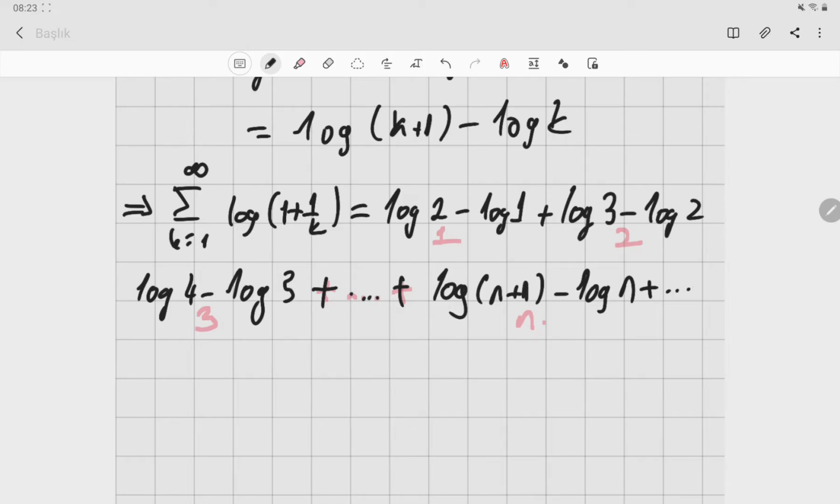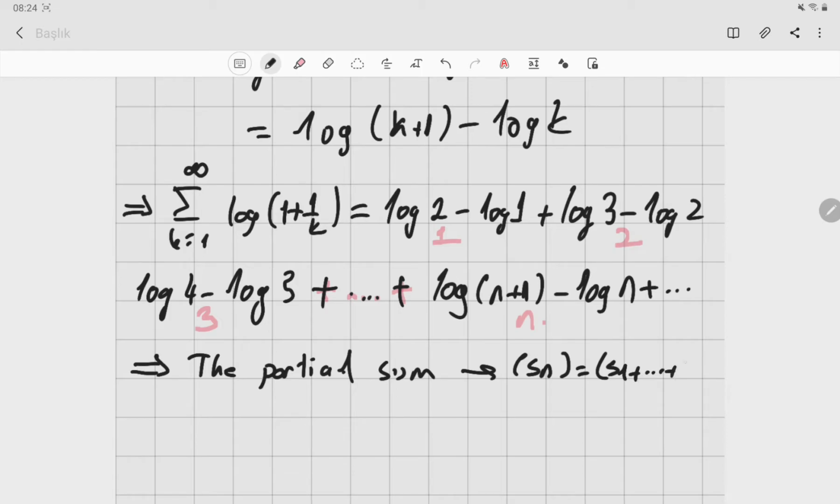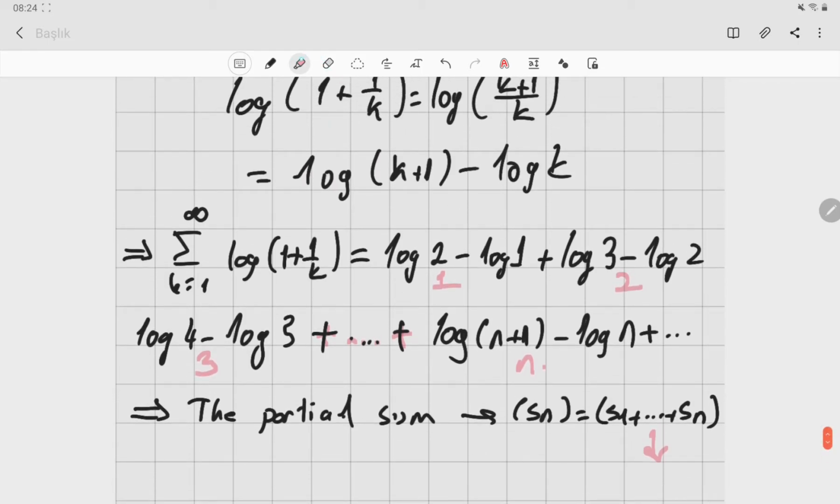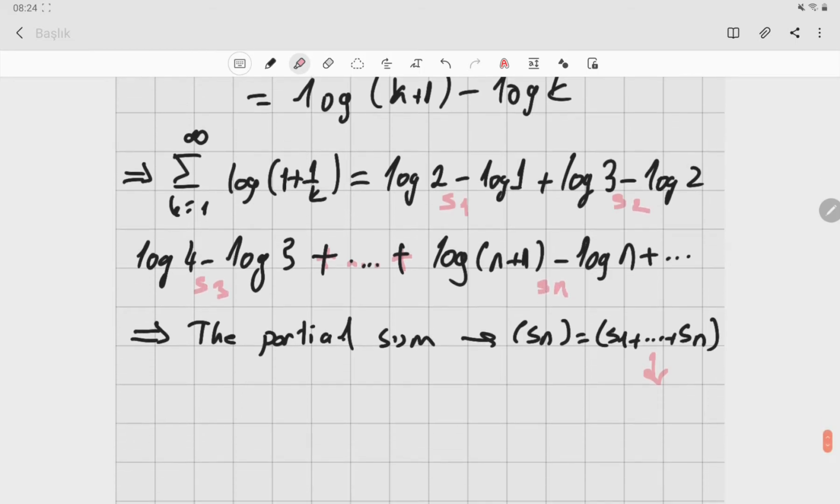So, well, this is such a kind of series, and for such a series, the partial sum is a special sequence whose general term is composed of the sum of the first n terms, namely S1, S2, S3 and Sn.